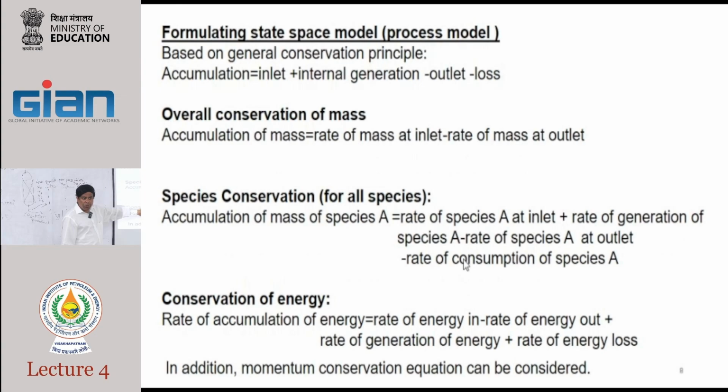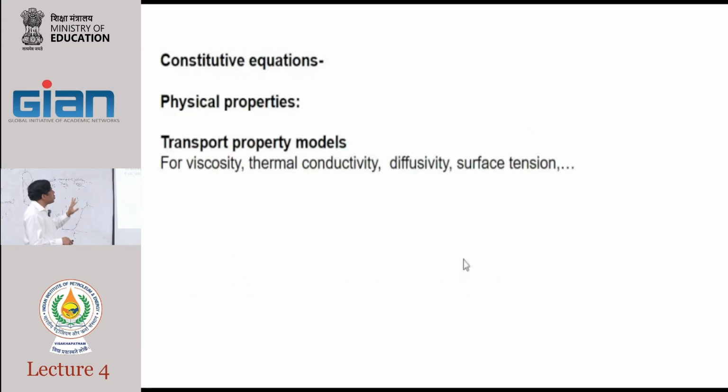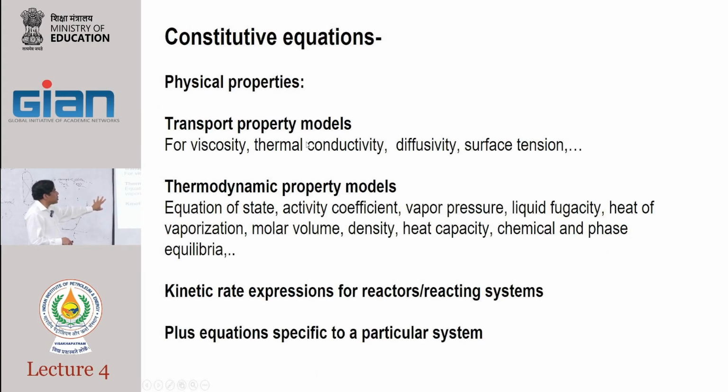Remember at the end of Bird, Stewart, Lightfoot and all your transport class, right? All of you have taken that; all these equations that you have done in your transport class are all differential equations. Those all go here, right? But on top of that, there are other equations that we need, which are all these equations, and that is what goes into the picture.